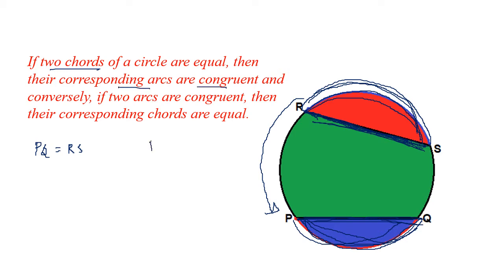So if PQ and RS are equal chords, then PQ and RS also make equal arcs. And conversely, if the arcs are congruent, then the corresponding chords will also be equal. So remember this: in the same circle or congruent circles, if the arcs are equal, the corresponding chords will be equal, and if the chords are equal, the corresponding arcs will also be equal.